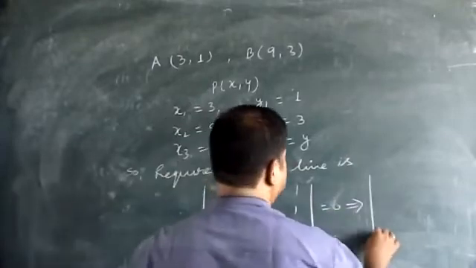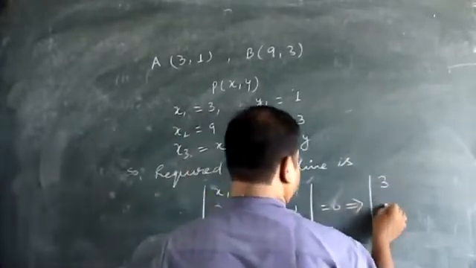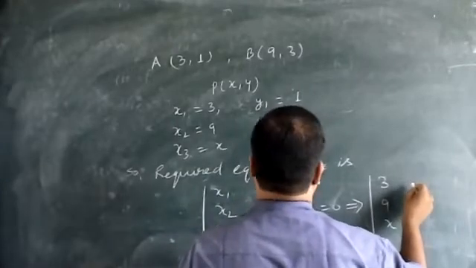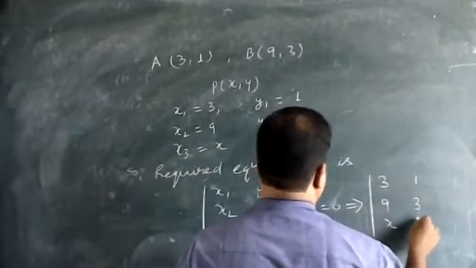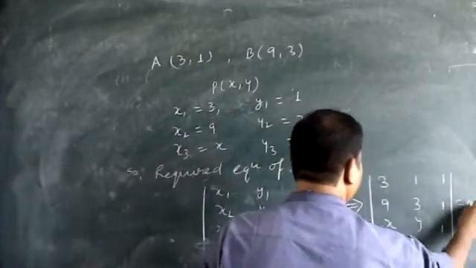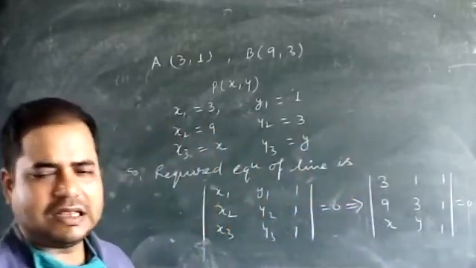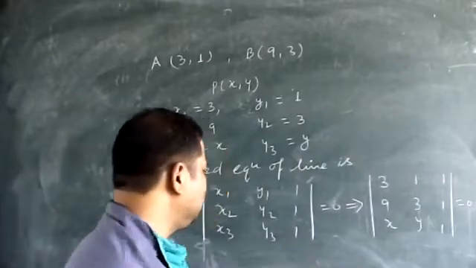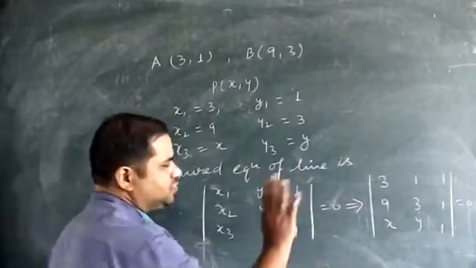This implies the determinant with rows 3, 9, x; 1, 3, y; 1, 1, 1 equals 0. For the equation of the line, we can take this determinant equal to 0.